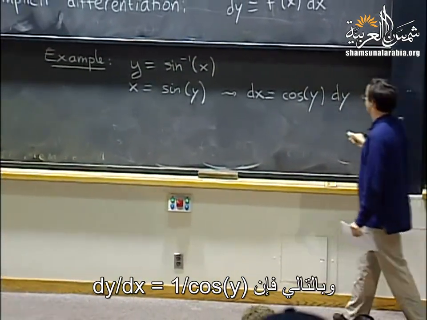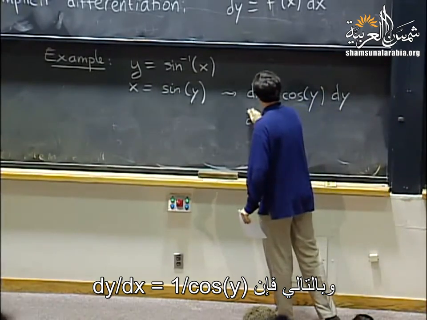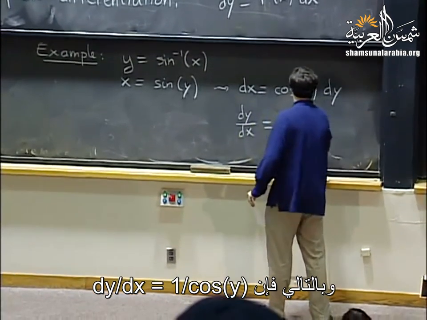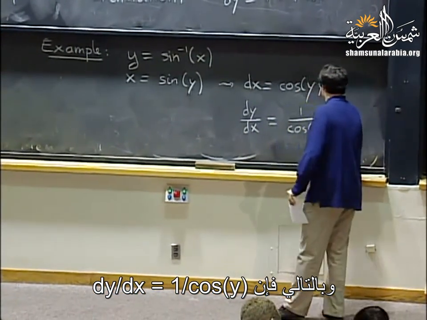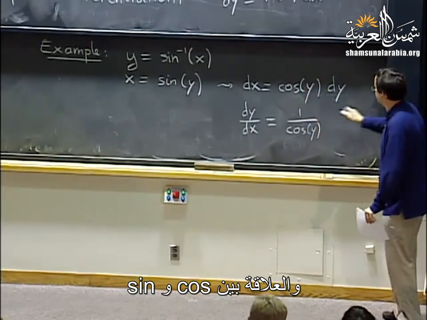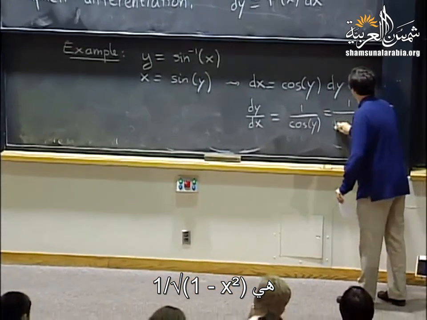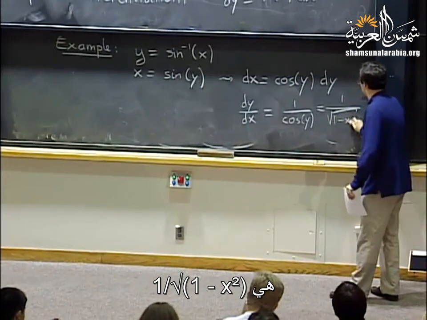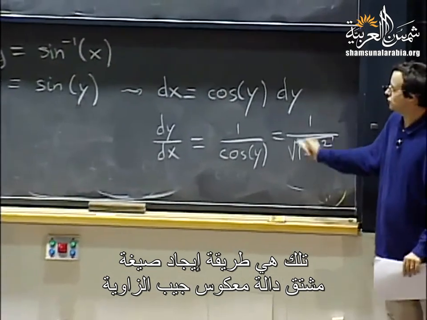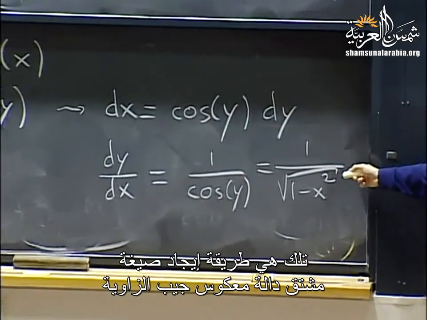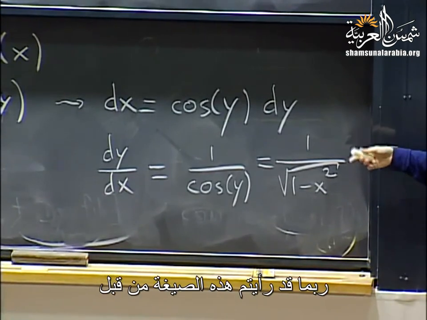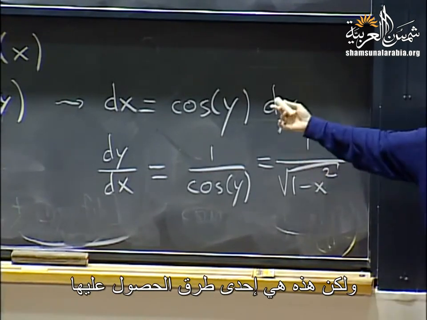And so that tells us that dy over dx is going to be 1 over cosine y. And now cosine, the relation to sine, is basically 1 over square root of 1 minus x squared. And that's how you find the formula for the derivative of the inverse sine function. A formula that you probably already knew, but that's one way to derive it.